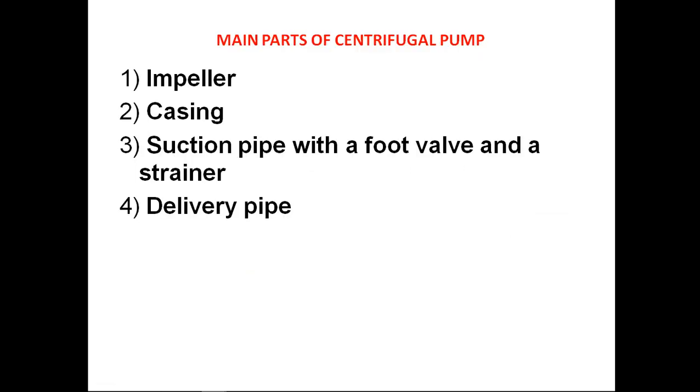Today we will mainly discuss the construction and working of the centrifugal pump. A centrifugal pump mainly consists of impeller, casing, suction pipe with a foot valve and a strainer, and delivery pipe.